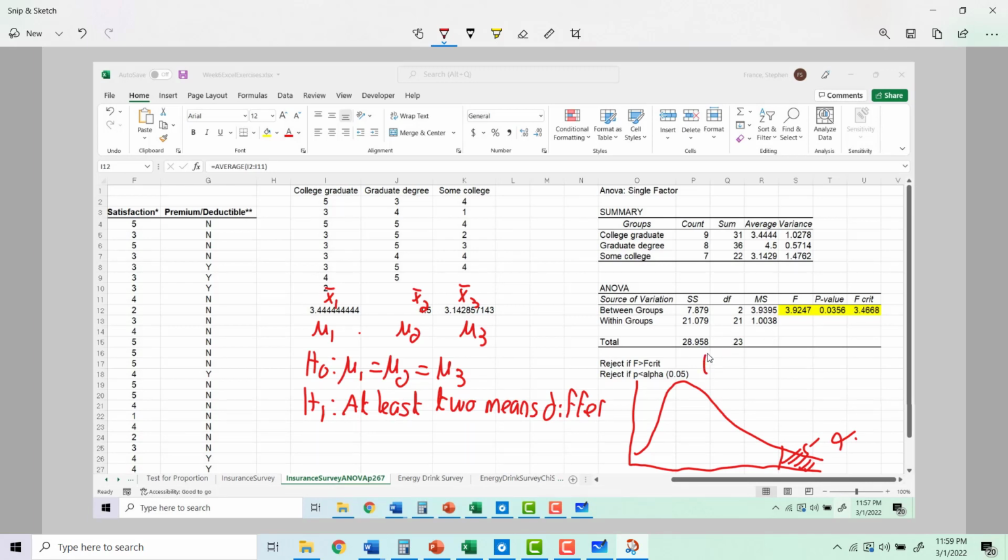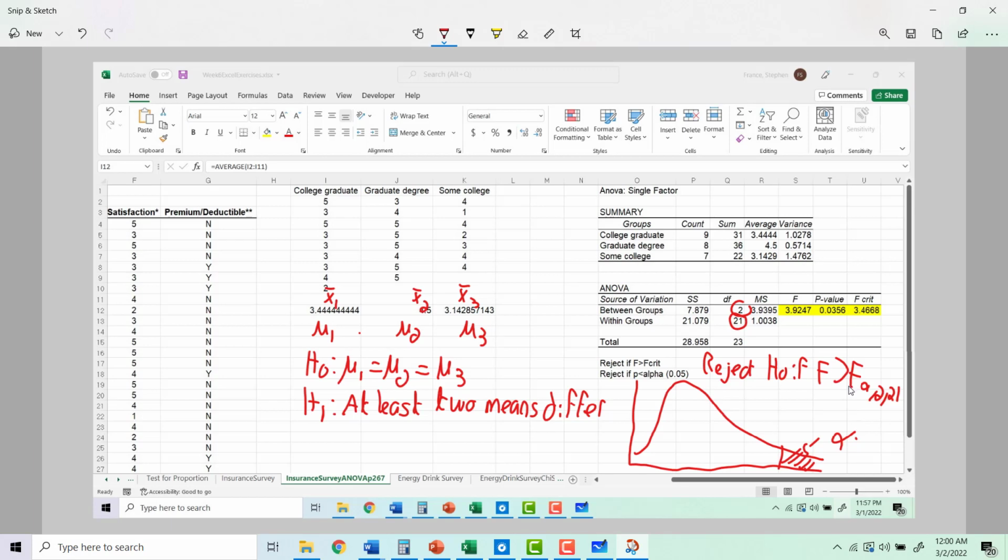We reject H0 if F is greater than F alpha, with the degrees of freedom, the numerator and the denominator. We're not really worrying about the F statistic. This would be 2 and 21 degrees of freedom, but this isn't going to be on the exam.